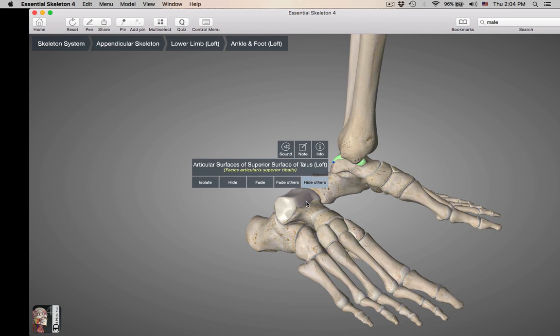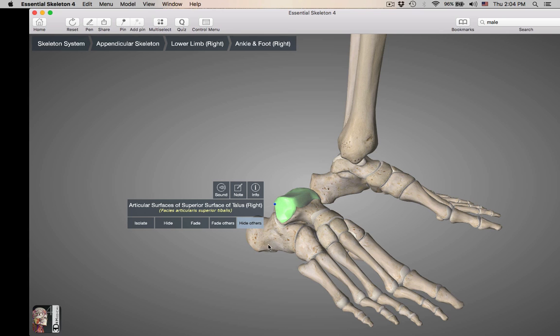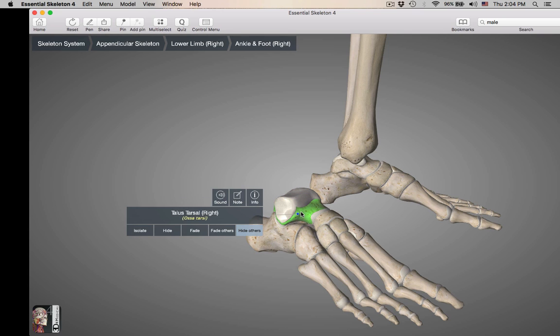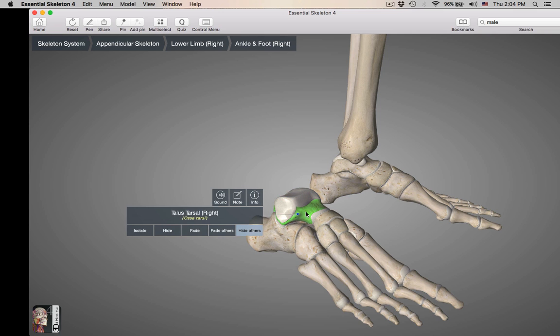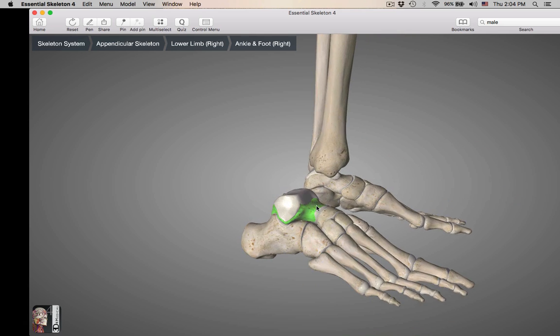So talus is this top bone. There's the articular surface of it. It's covered with articular hyaline cartilage, and there's the bony part of it, talus.